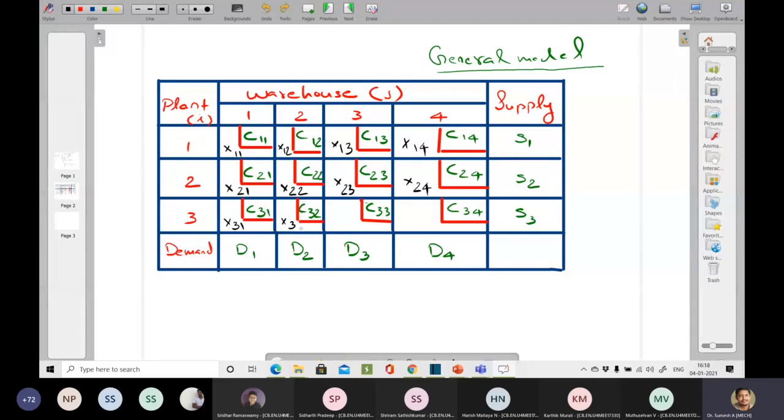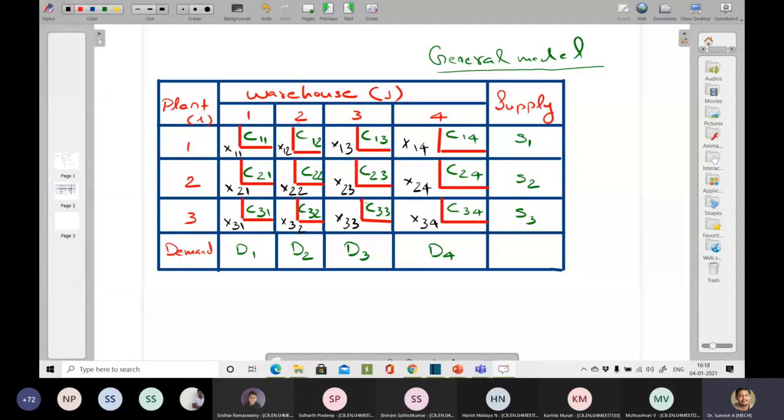This will be X33 and this will be X34. That is, you are moving X11 quantity from plant 1 to warehouse 1. Okay, and you are moving X12 quantity from plant 1 to warehouse 2.